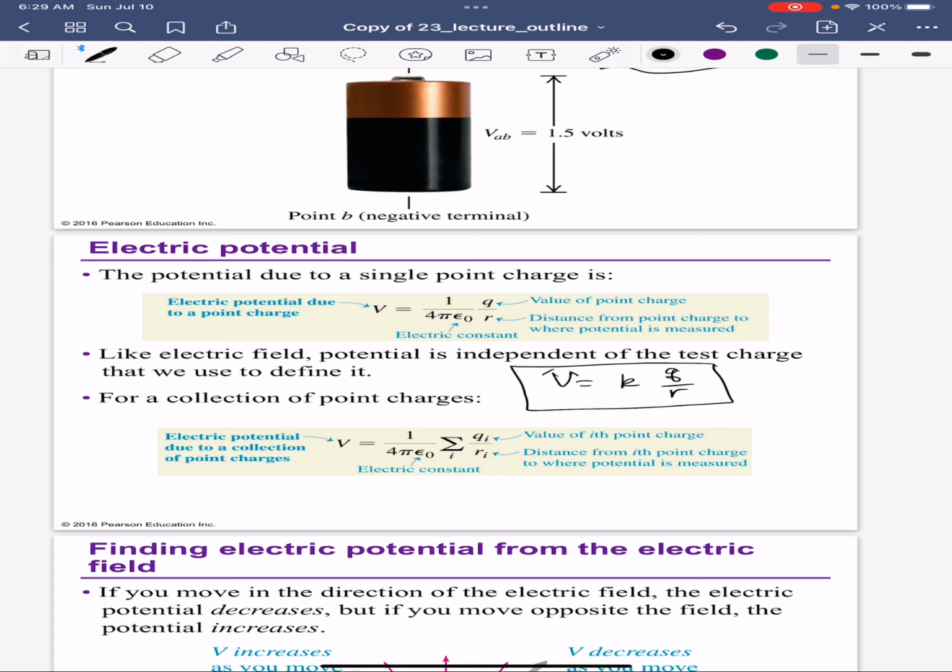Like the electric field, potential is independent of the test charge that we use to define it. For a collection of point charges, you just add, so V total is K times the sum of Qi over Ri, from i equals 1 to however many charges I have.